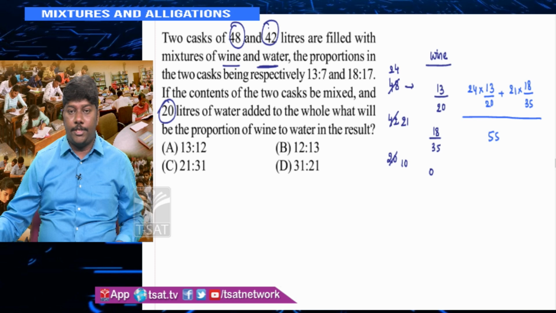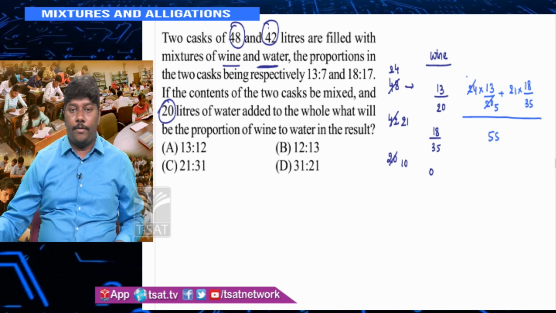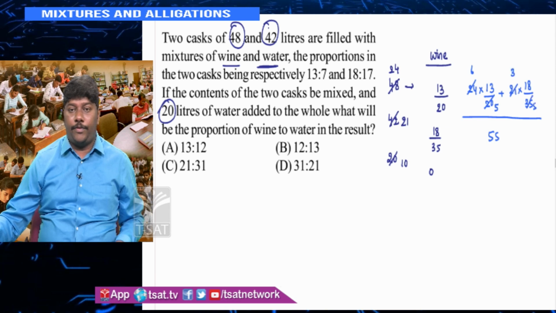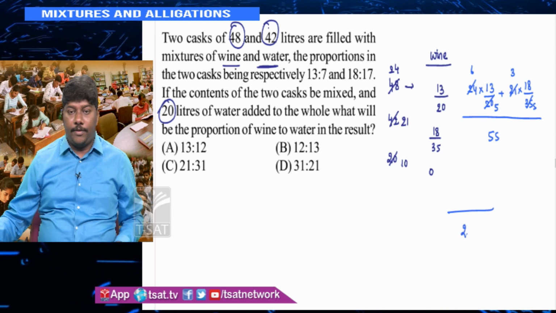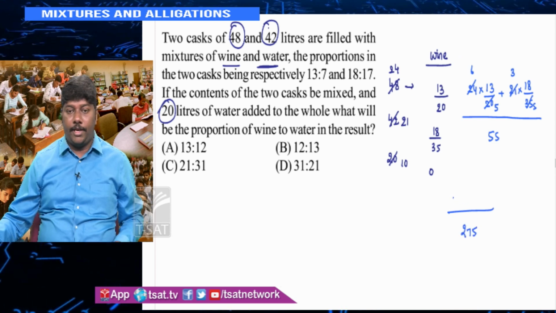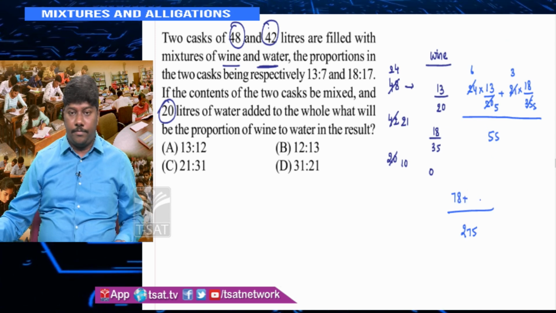Make it simple by taking it. 5 comes down. 55 into 5 is 275. In the numerator, you are going to get 13 into 6, 78, plus 18 into 3, 54.